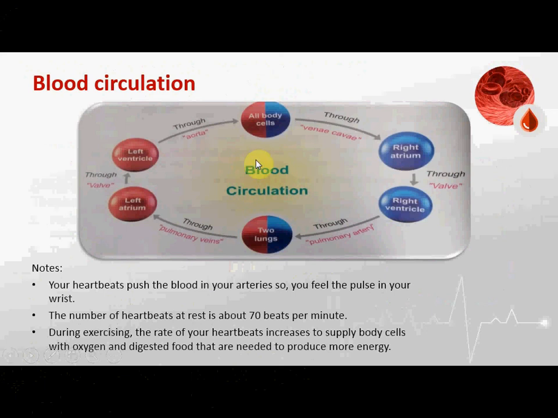The blood circulation. We have here the left ventricle, left atrium, right atrium, right ventricle. We have blood cells and two lungs. The left ventricle carries oxygenated blood and pumps it through the aorta to reach all body cells.